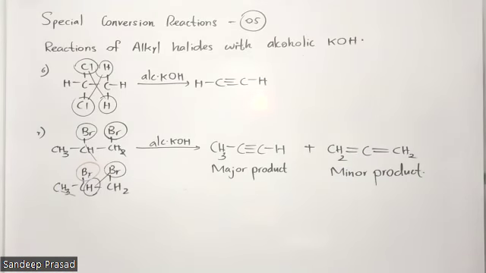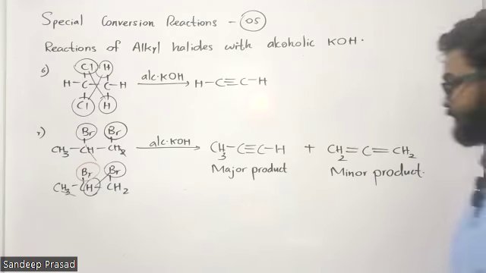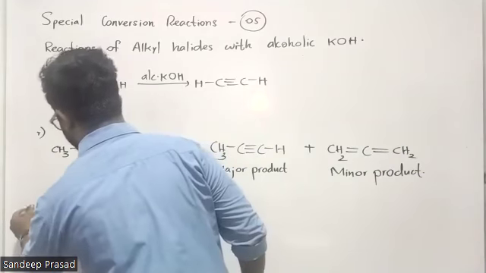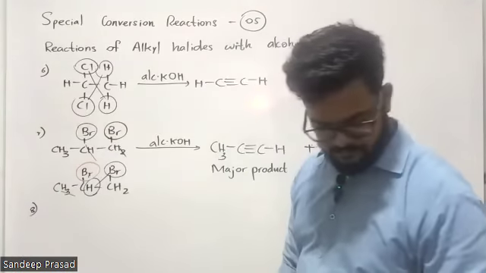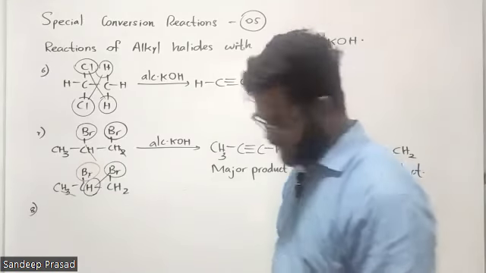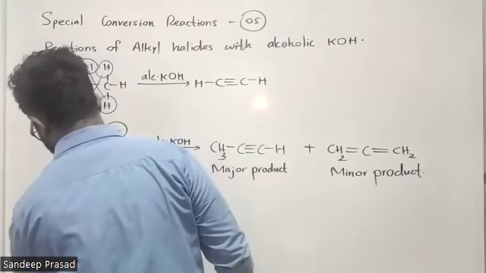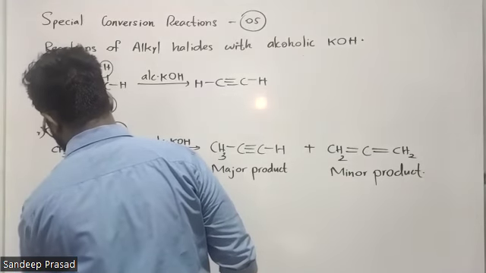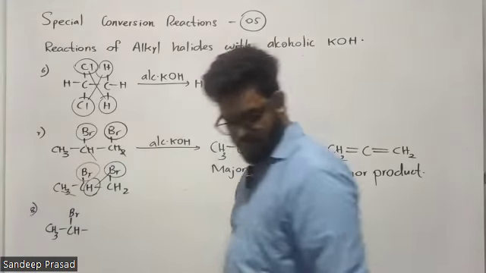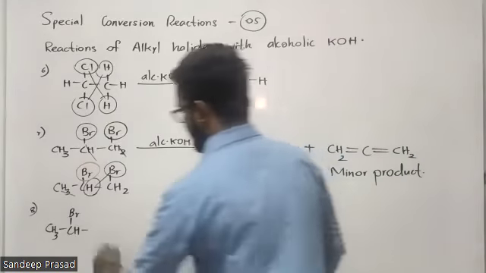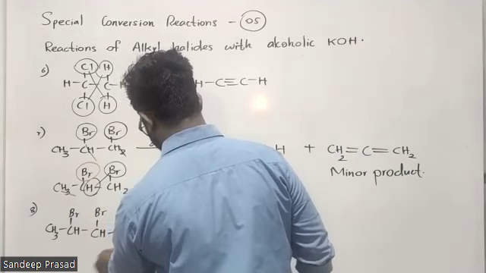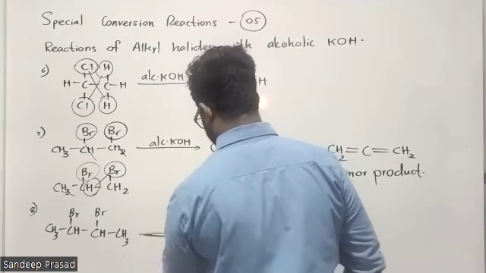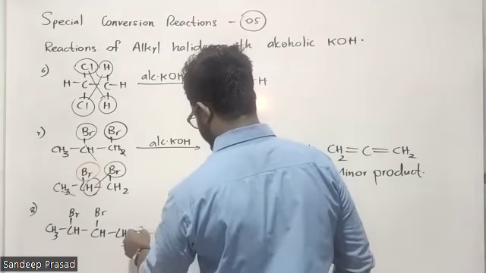Number 8. Students, in the 8th one, you have one major product and 2 minor products. I'll give you some time. Go for the answers for this one. This is also a symmetrical alkyl halide, but actually we have more than one product.